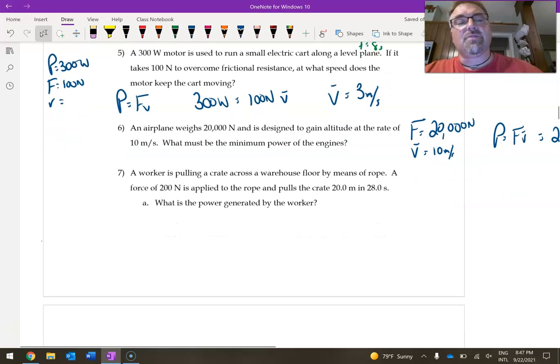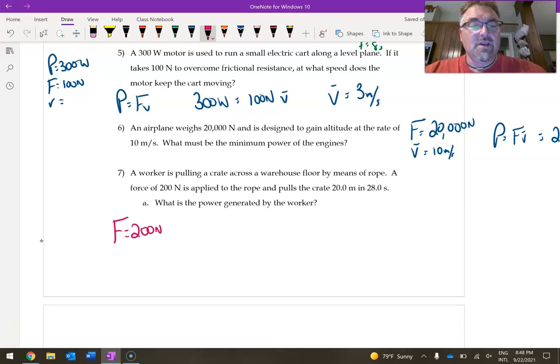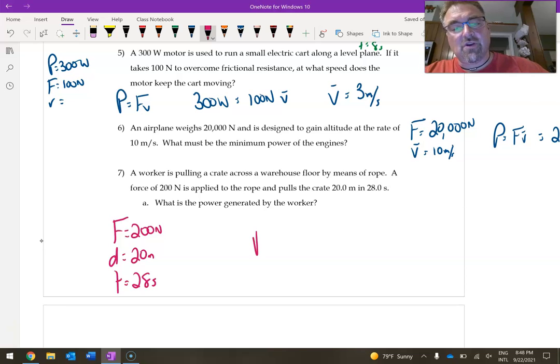All right, and our last one, number 7, we have a worker pulling a crate, and we'll go to purple for this one. Across a warehouse, a force of 200 newtons applied to the rope pulls the crate 20 meters. So we have a force of 200 newtons. We know the distance is going to be 20 meters. And then we know the time is 28 seconds. And we're looking for the power generated. So power, remember, is force times the distance divided by the time.